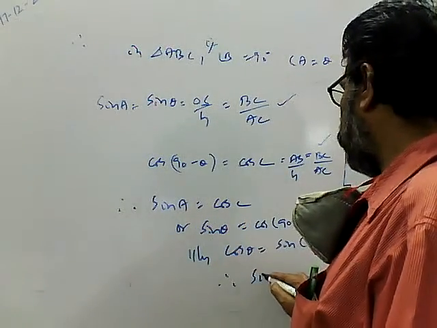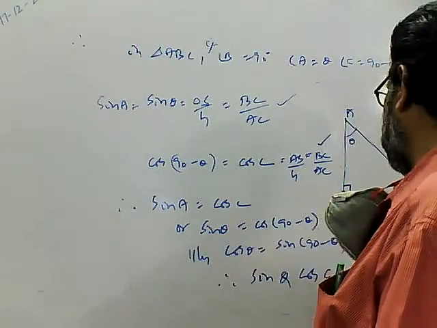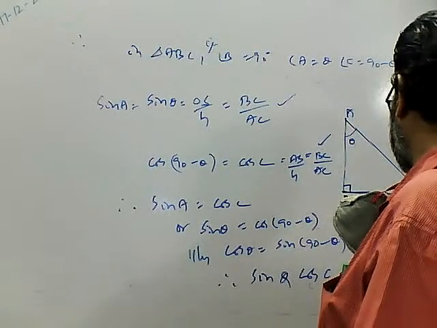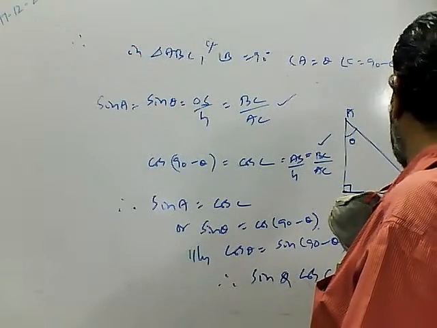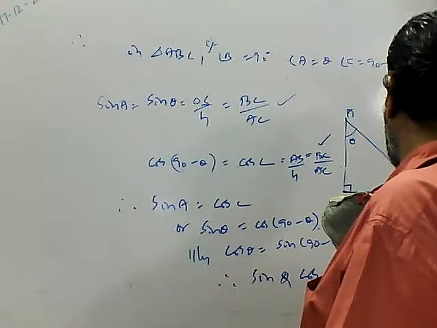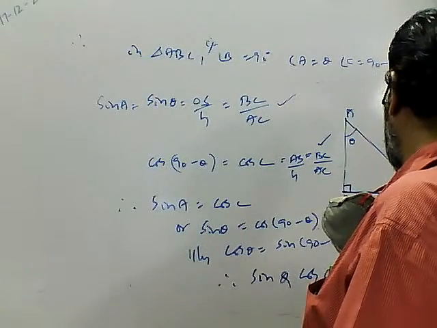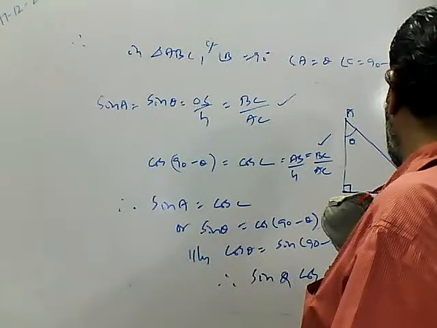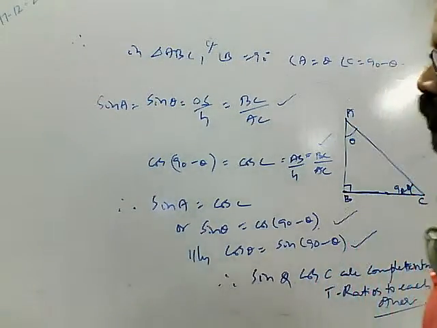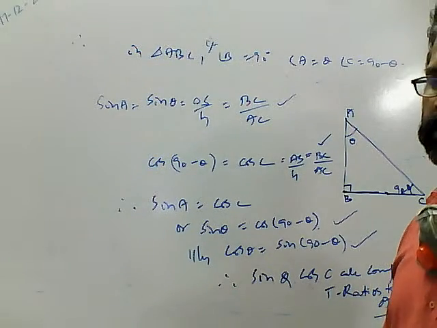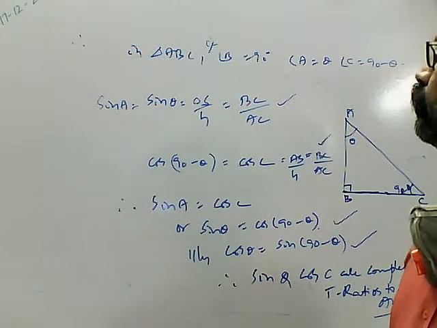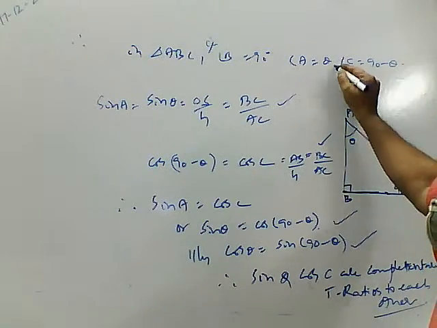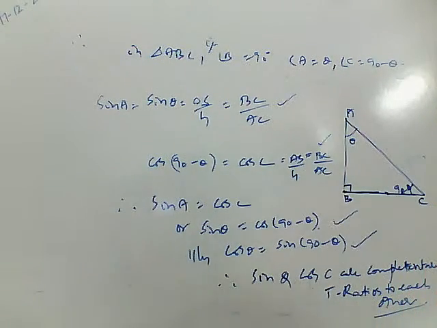Therefore, sin and cos are complementary T ratios to each other.